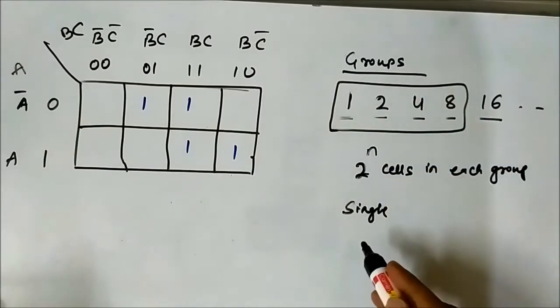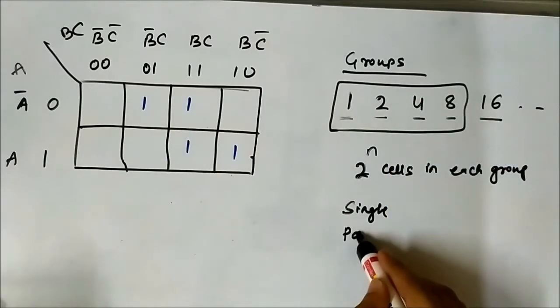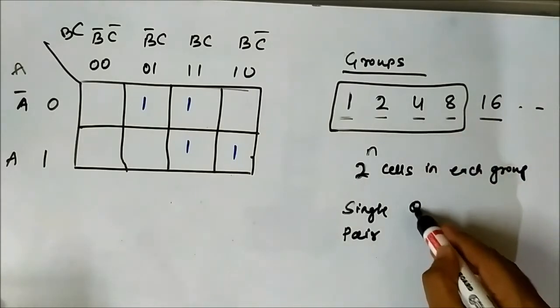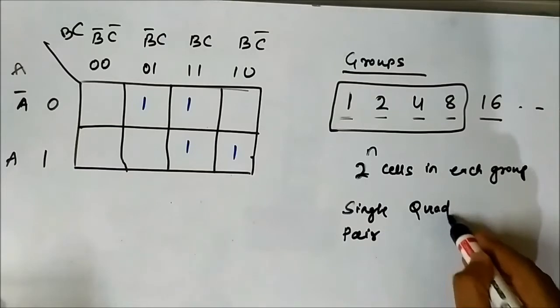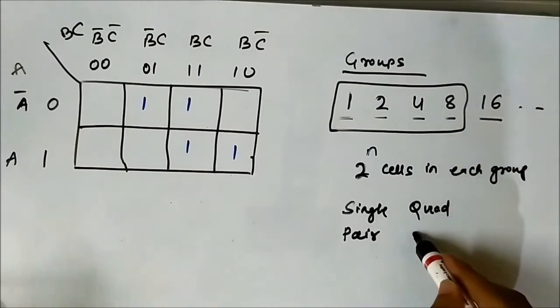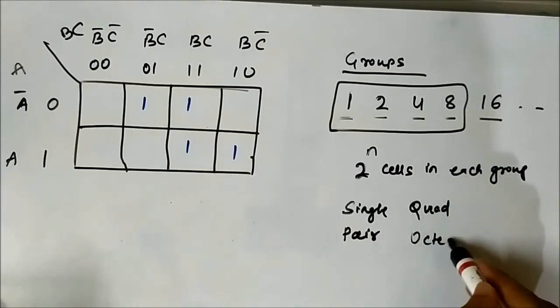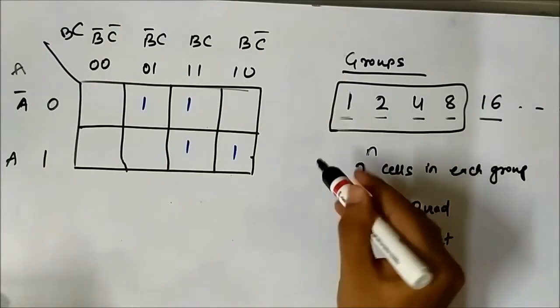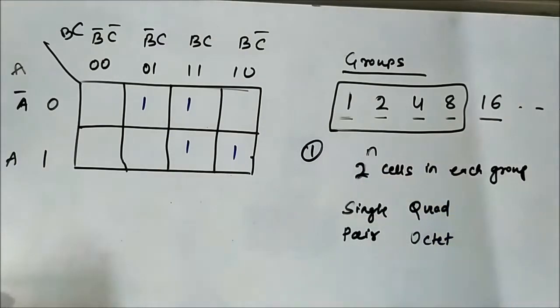When it is 2, it is called a pair. When it is 4, it is called a quad, and when it is 8, it is called an octet. Okay, that is the first condition.